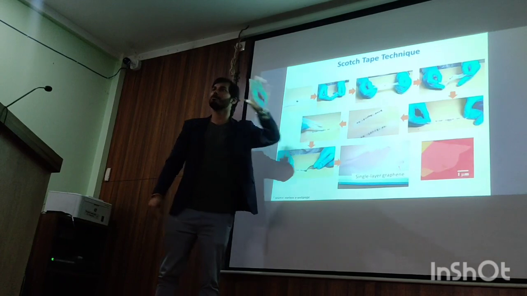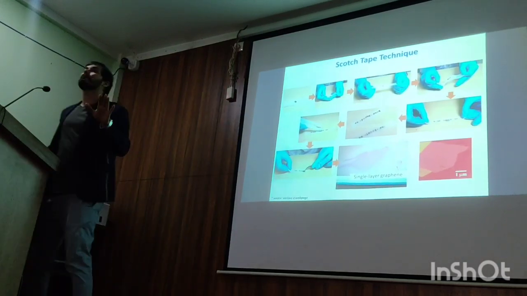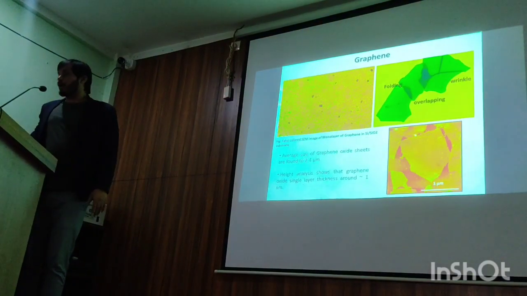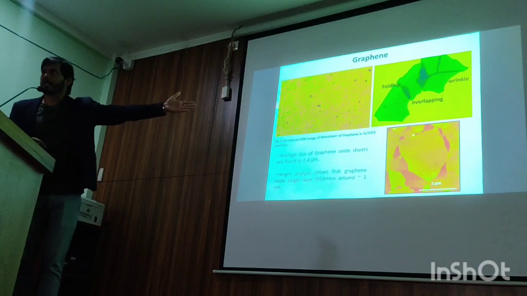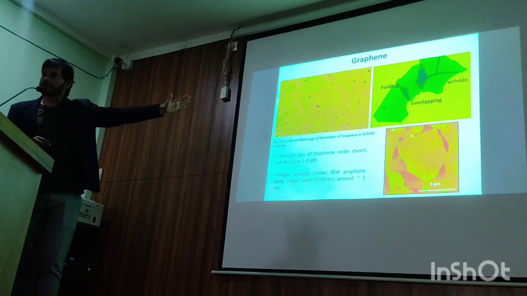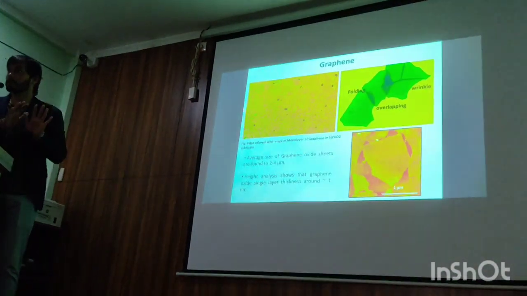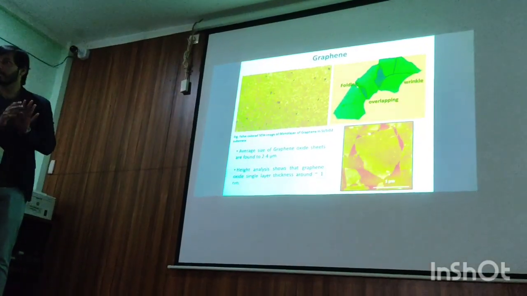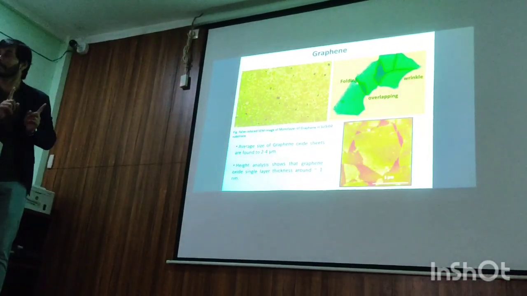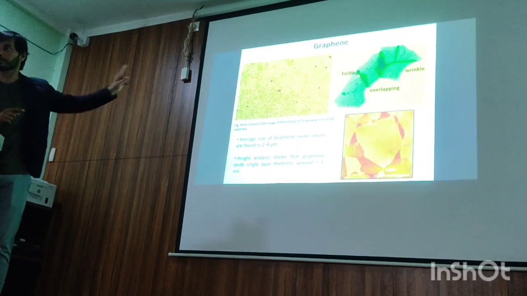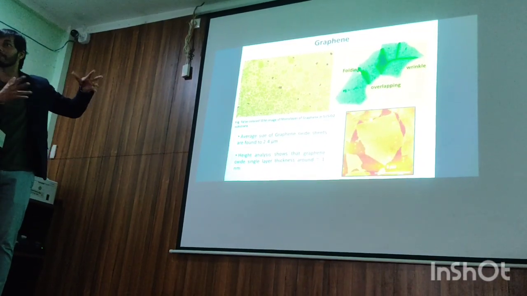It is a microscopy image. You can only observe graphene in a microscope. So how does it look? It looks like this. This is a colored image, but don't think that microscopy gives colored images. Microscopy always gives black and white images. It is false colored to give a visual effect.